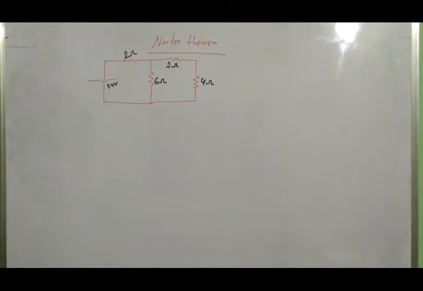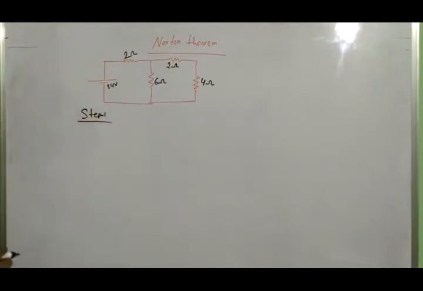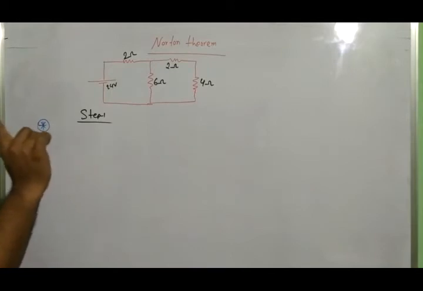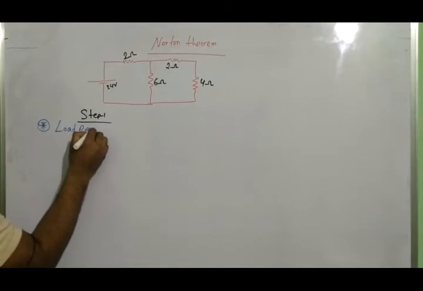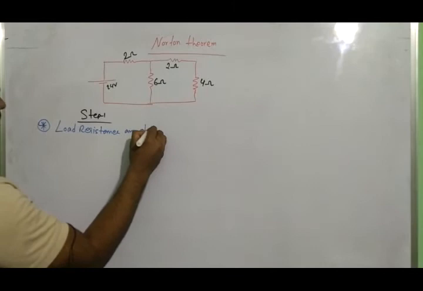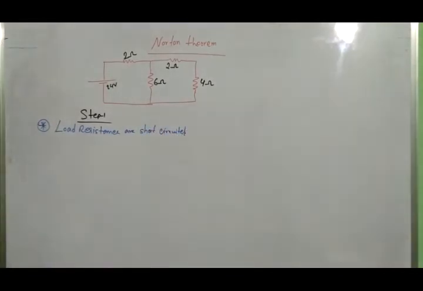To solve Norton theorem, again we need 3 steps. Step 1. So what is step 1? Step 1 is to write down the key point: the load resistance is short circuited. So what is the load resistance here?